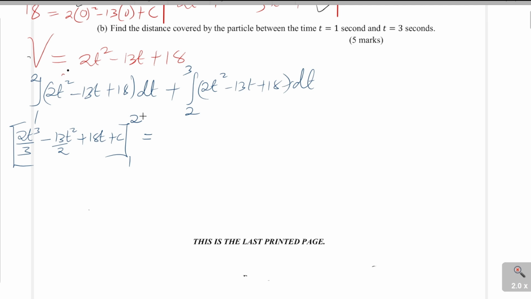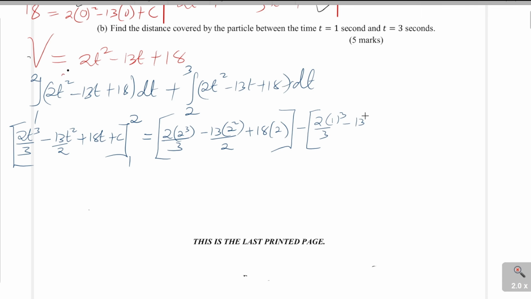We start by substituting t equals 2: 2 cubed divided by 3 minus 13 times 2 squared divided by 2 plus 18 times 2. You can leave the constant of integration because it will get subtracted. Then substitute t equals 1: 2 times 1 cubed over 3 minus 13 times 1 squared divided by 2 plus 18 times 1.